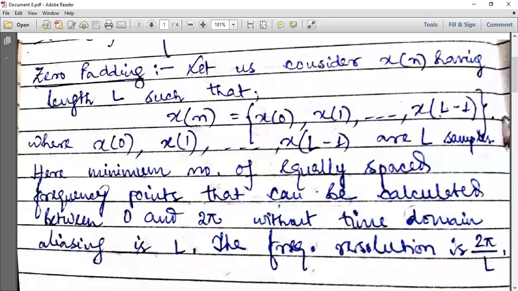Where, what are all these? These are L number of samples. Remember samples? L number of samples we are considering in a signal x[n].